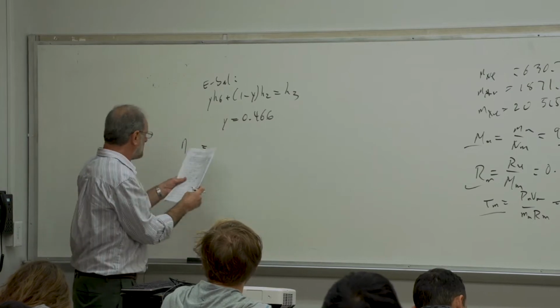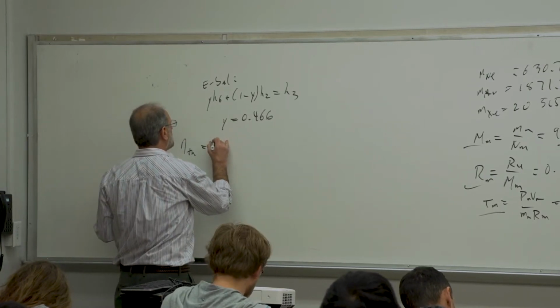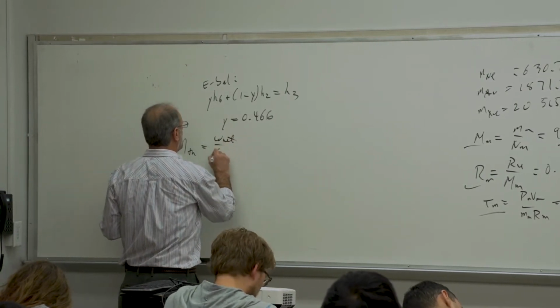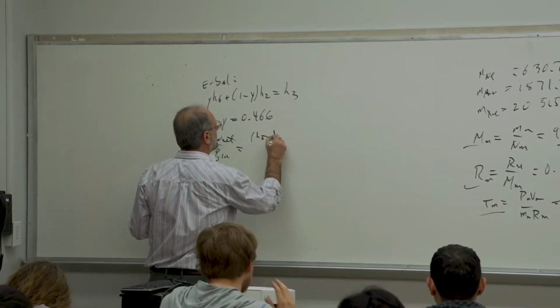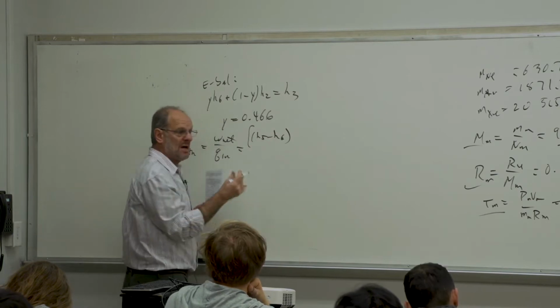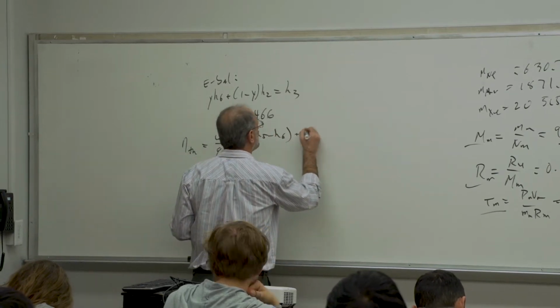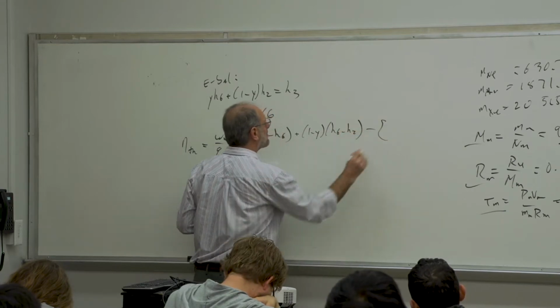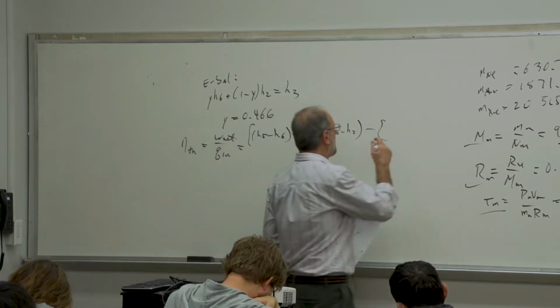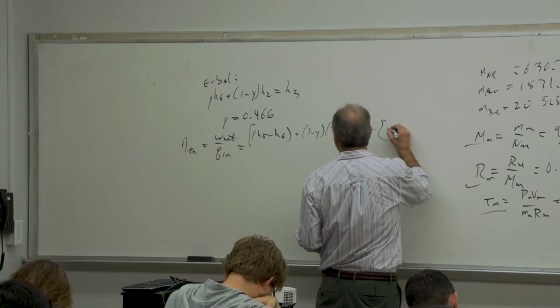So the thermal efficiency is going to be the net work over the heat input. Basically, we have h5 minus h6. Then we draw off the fraction. So now we have (1 minus y)(h6 minus h7). And then we have our pump work that we have to subtract from that.